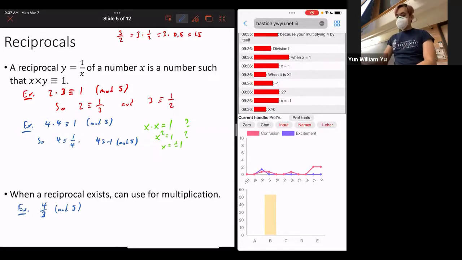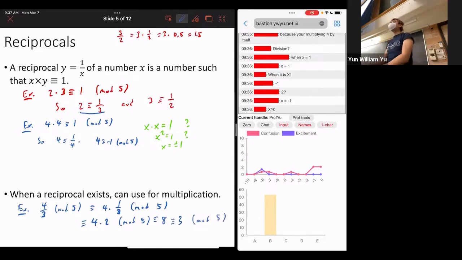Another way is to say this is equivalent to 4 times 1 over 3 mod 5. That's equivalent to 4 times 2, because 1 over 3 is equivalent to 2 mod 5. That's equivalent to 8, which is equivalent to 3 mod 5.